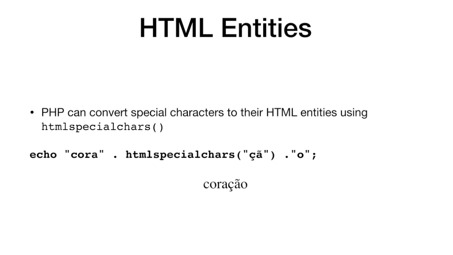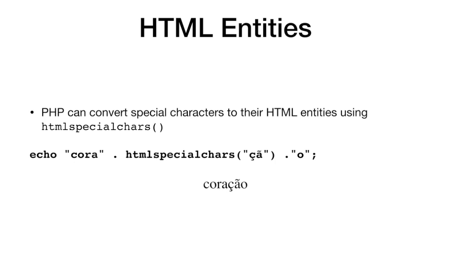So here, if we want to output the Portuguese word coração, we can echo cora and then stick in there htmlspecialchars, and we put in the cedilla, I guess, and the, I don't know what we'd call this, a squiggle, as an English speaker might call it, and you can put the O then at the end there.